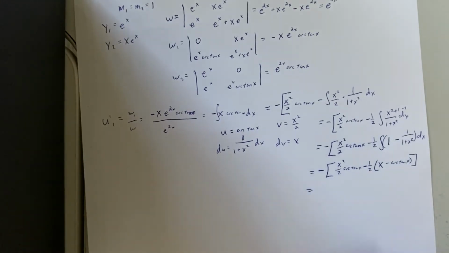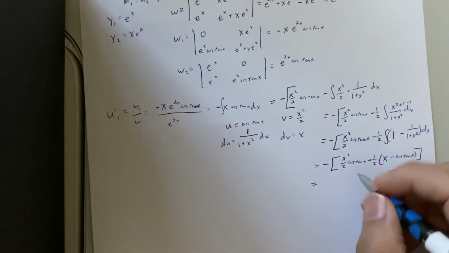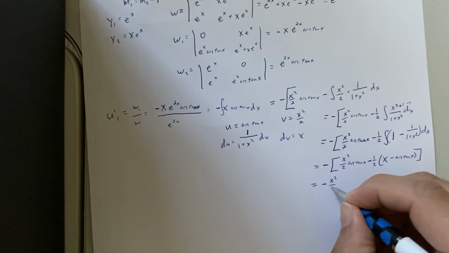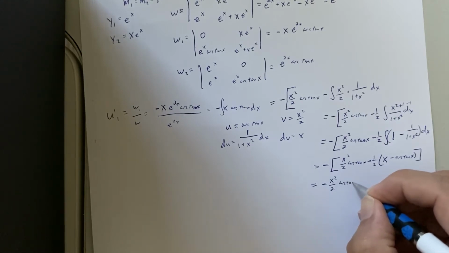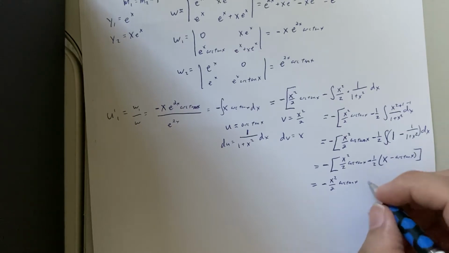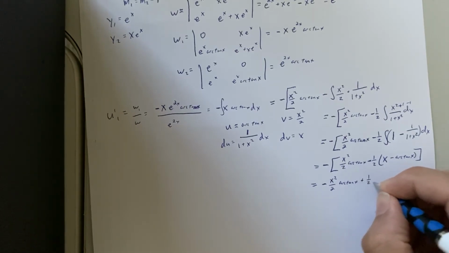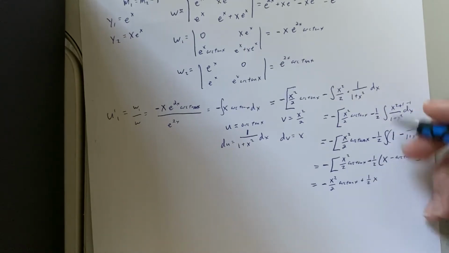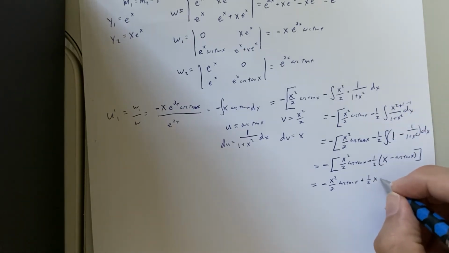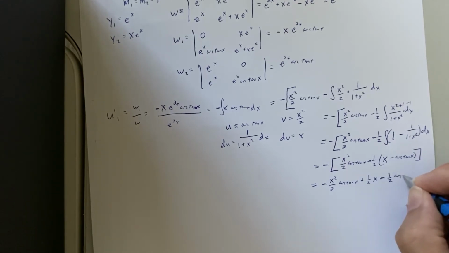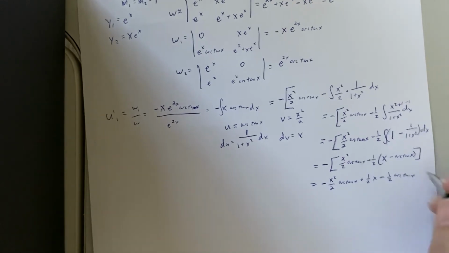And so cleaning this up, I'm going to get negative x squared over 2 arc tangent x. I'm distributing the negative, so it's going to be plus 1/2 x minus 1/2 arc tangent x.